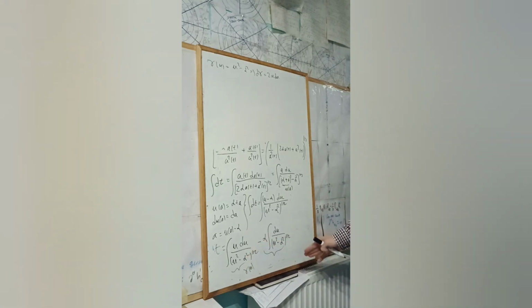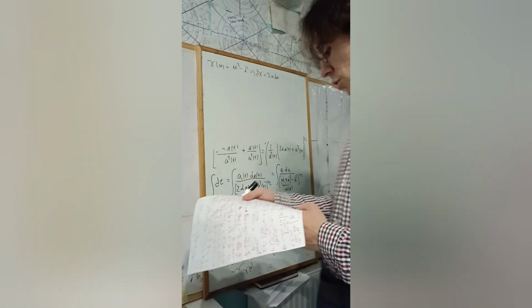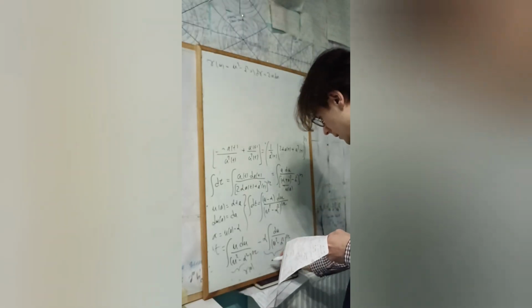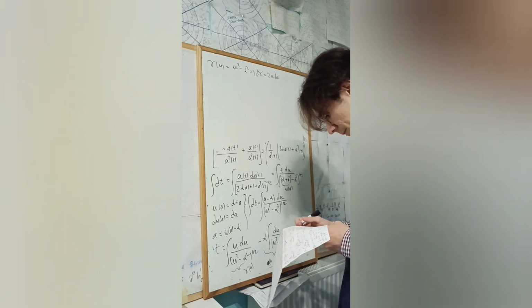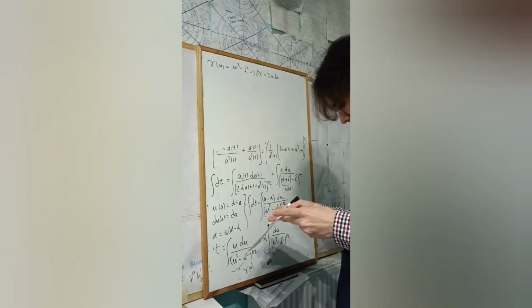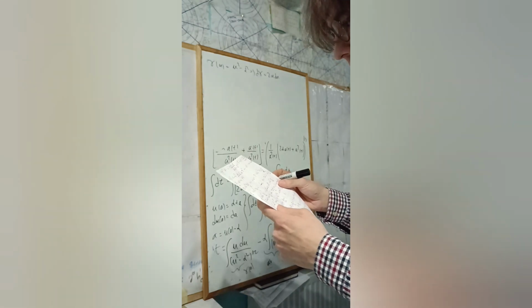You can try both of them and find out which is better to solve this equation. I choose u of x here, and the parameter is actually gamma, I think. Yeah, gamma.